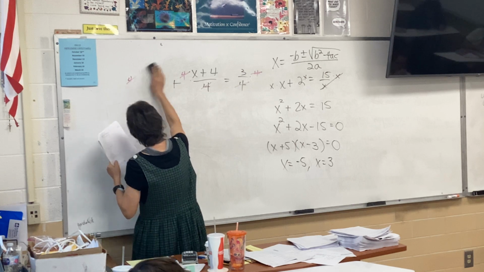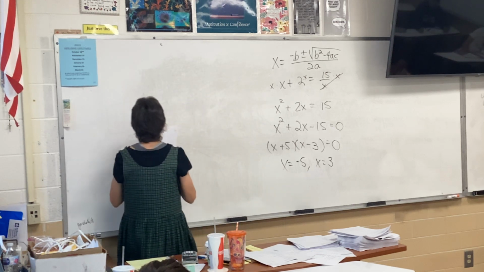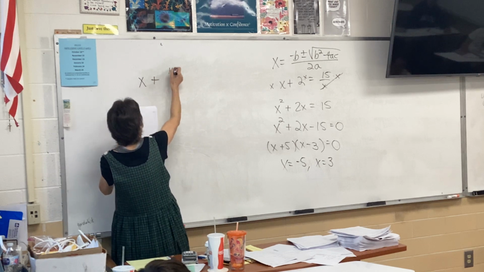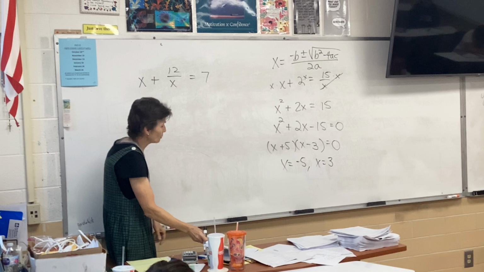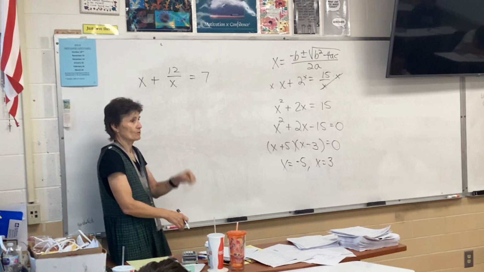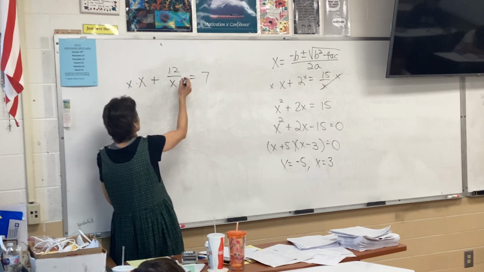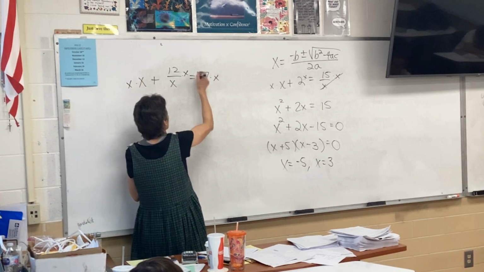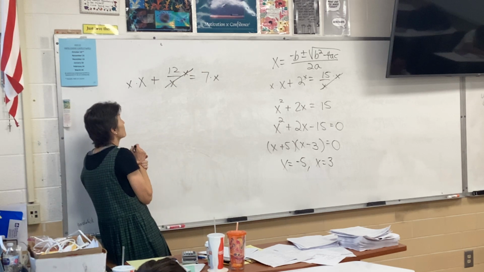Is the next one kind of the same thing? So Elijah, what would I do first on this? This is problem 3. What would I do first? Yeah, and if I do that, that X cancels, make sure you get rid of it, it's gone.